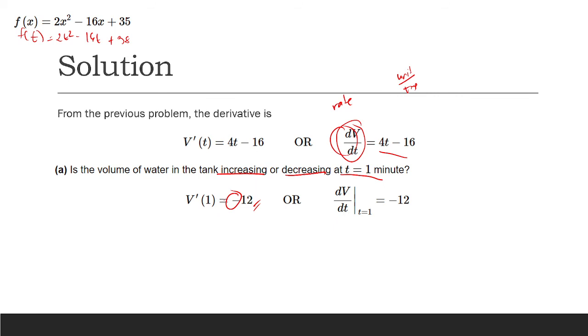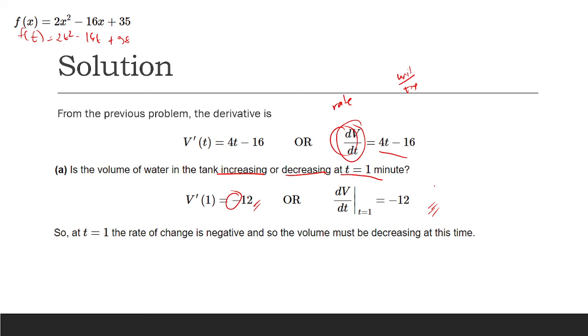So, at the first minute mark, nagde-decrease yung laman ng tangke mo ng 12 liters per minute. So, ganun yung ibig sabihin nito. We can also express this in this notation: dV over dt evaluated at t is equal to 1, that's negative 12.